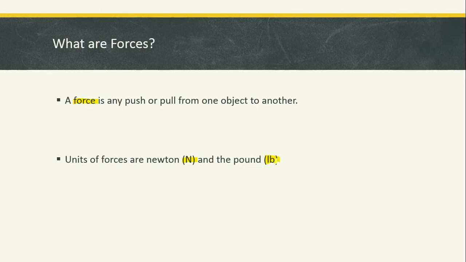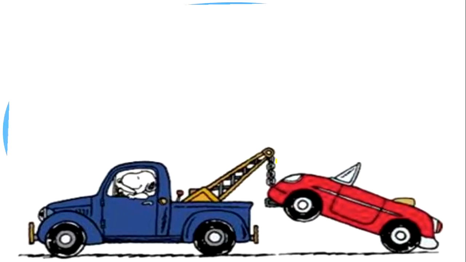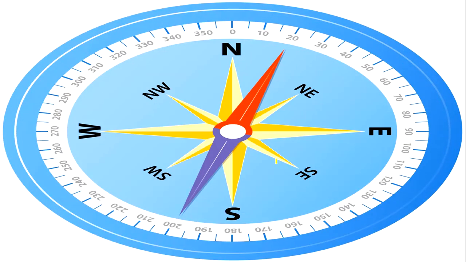Force can be of different kinds. For example, many forces occur as one object touches another object, such as this tow truck taking that car. You see that they are touching. But on the other hand, there are some forces that act without objects touching.